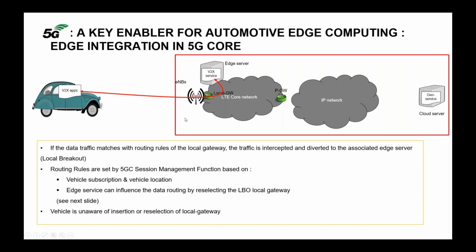These routing rules are set by the session management function of the 5G core network, and they are based on the vehicle subscription and vehicle location. So this can be pre-provisioned.